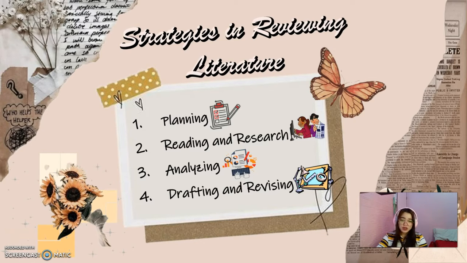Next is drafting and revising. So in drafting, you need to develop a thesis to make about the existing research and decide how to organize your materials. In revising, we should revise and finalize the structure, the style, the grammar, and issues of your paper.